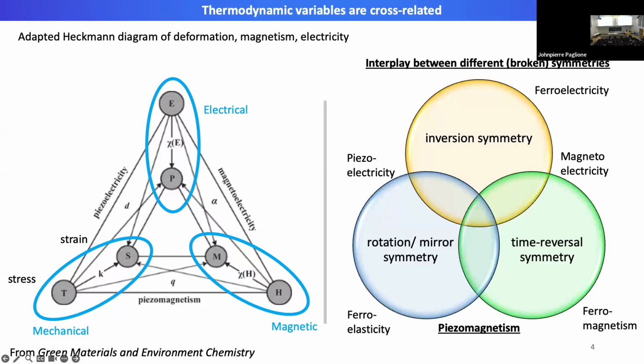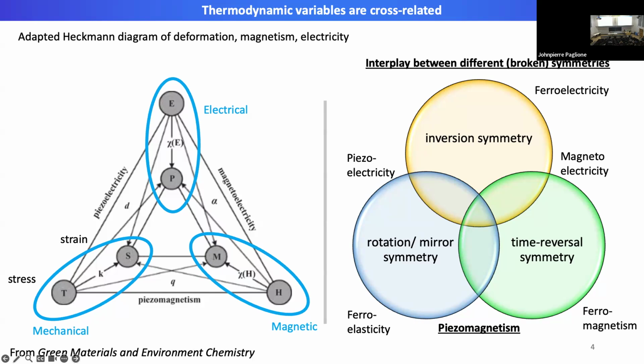Here I'm showing you a Venn diagram instead, where each of these circles represents the relevant symmetry for each of these branches of physical properties. For instance, the electrical properties are very intimately related to the inversion symmetry of a given system, and a global breaking of the inversion symmetry would give one ferroelectricity, right?